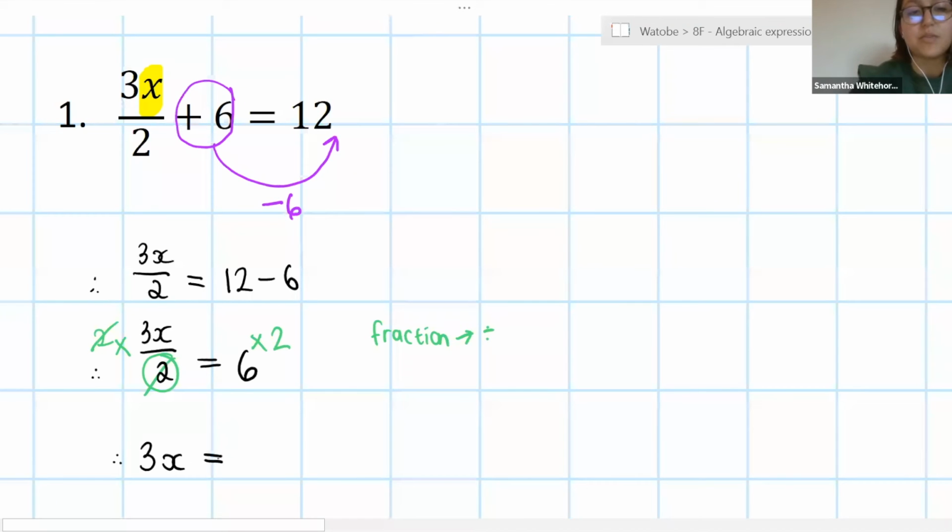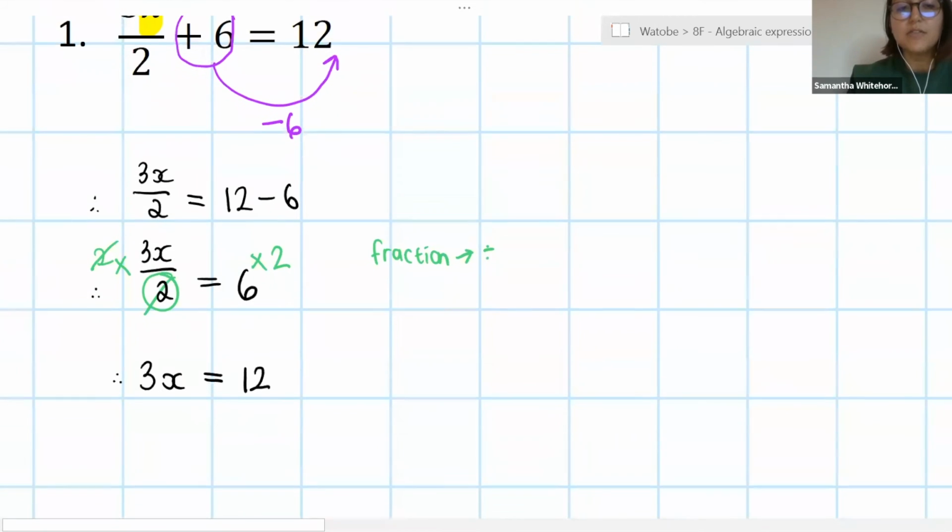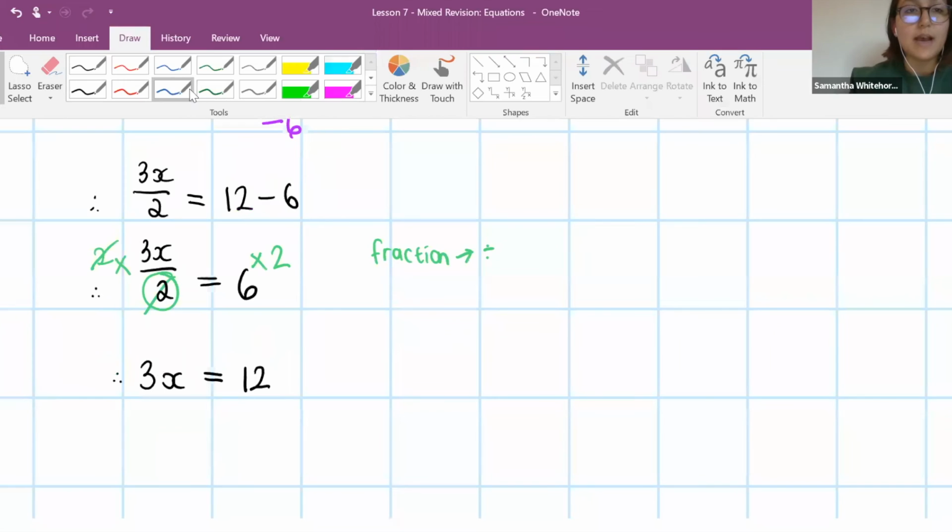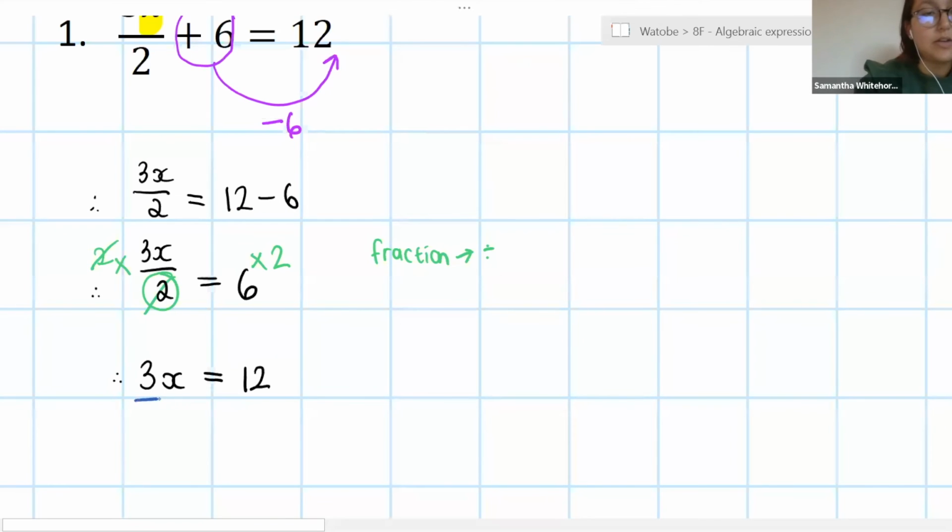So now I'm just left with the 3x, and on the right-hand side I've got 6 times 2, which is 12. So now I've got 3x is equal to 12. This looks quite similar to what we had in the first few questions, because now I know that I have to divide both sides by 3 in order to get rid of that number in front of the x.